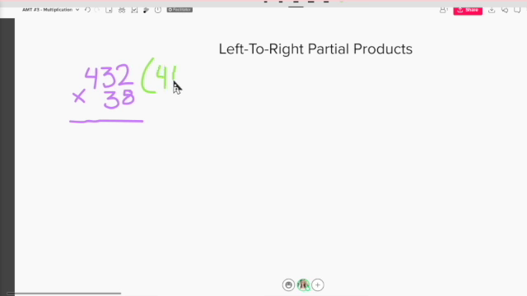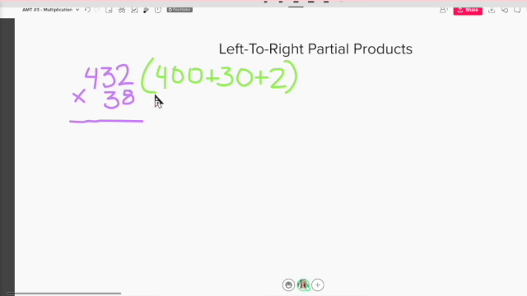So I'm going to write 400 plus, then we know the 3 here is in the tens place, so that represents 30. And the 2 is just in the ones place, so it stands alone, 2. All right, so I have broken down this number here into 400 plus 30 plus 2.